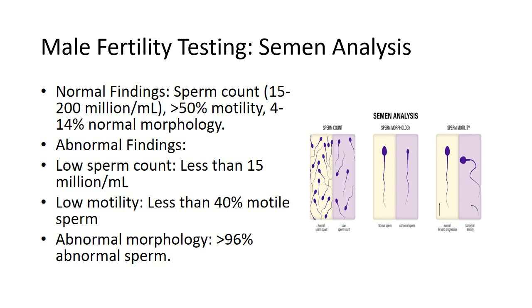Abnormal sperm morphology, teratozoospermia: a high percentage of abnormal sperm shape, greater than 96%, can hinder fertilization. Severe abnormalities may lead to male infertility.